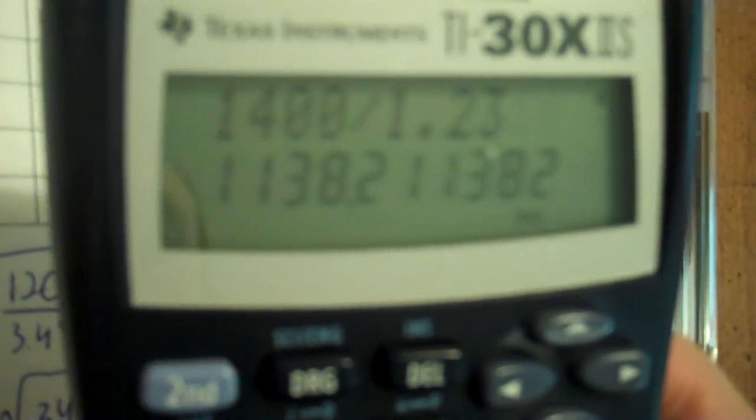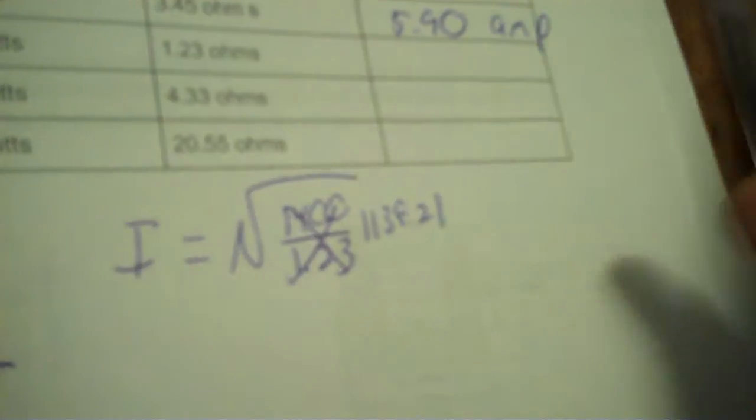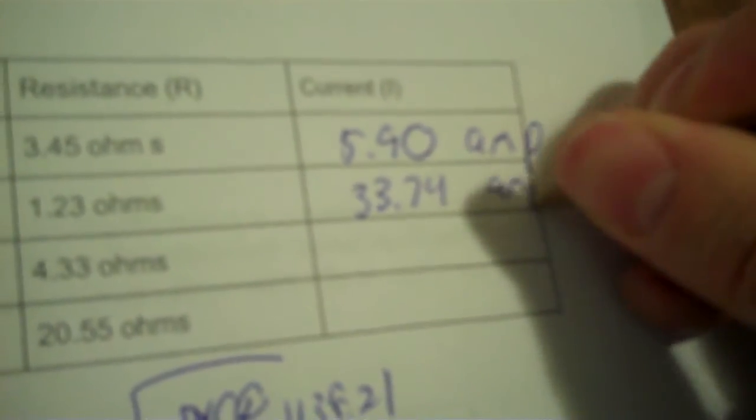Okay, 1138.21. And then apply the square root. So second square root, 1138.21. 33.74 AMP.